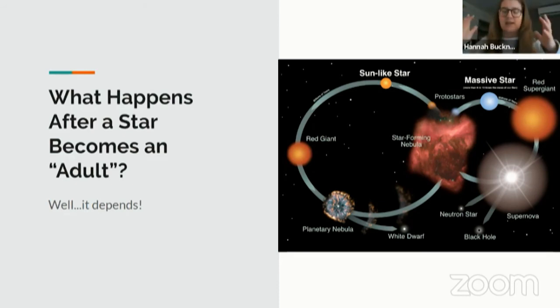And then as it reaches the end of that phase and stops burning any sort of fuel, it will go in and then out and form a planetary nebula, which will eventually blow away into a white dwarf. But there's also the chance that the planetary nebula will become a star-forming nebula, which means it can give life to more stars. And that has any option of building stars of any size. It just depends on the conditions.